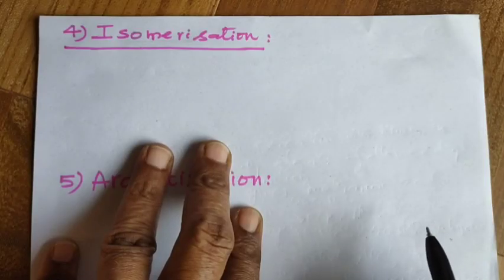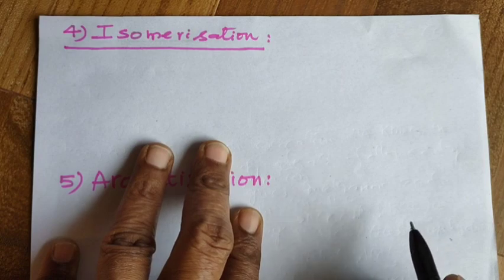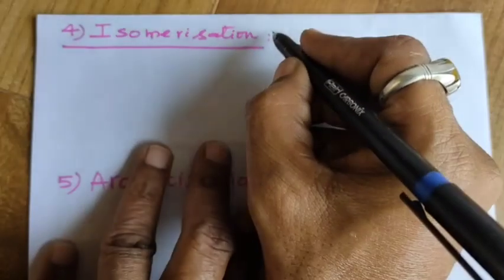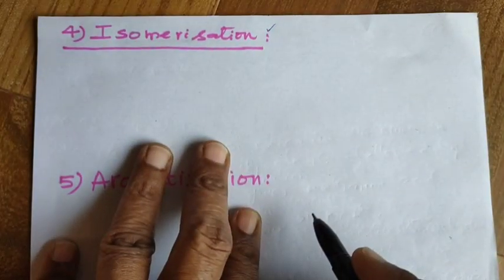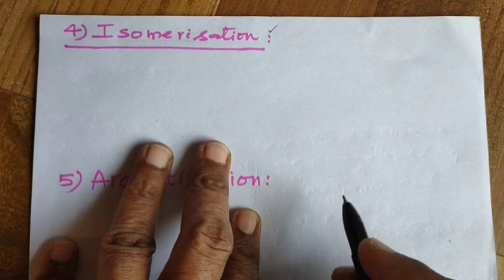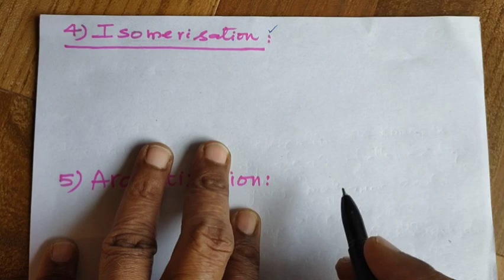Continuation of chemical properties of alkanes, that is isomerization. What is isomerization? Compounds having same molecular formula but differ in the structure or some other aspects that you studied as isomerism.